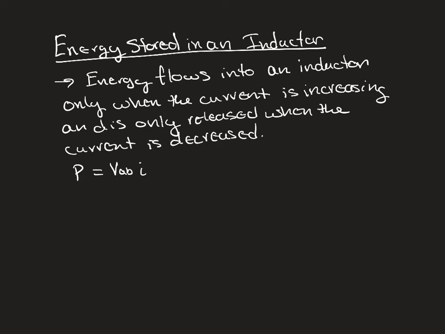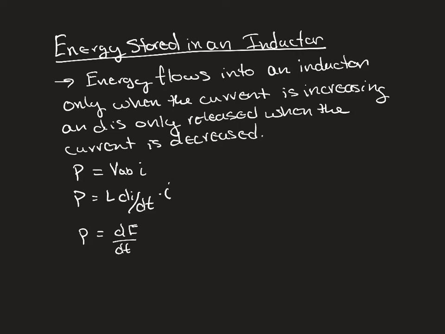notice I'm using a little i because it's going to change with time. And we learned in the previous section, essentially what we're doing is dropping the minus sign when we do VAB. Alright, so we also know that power is equal to the change in energy with respect to time.